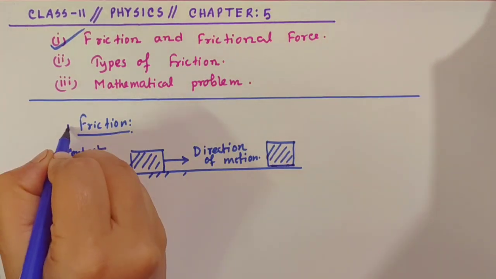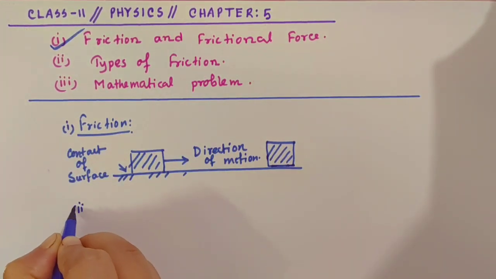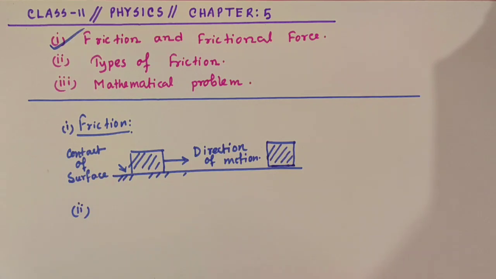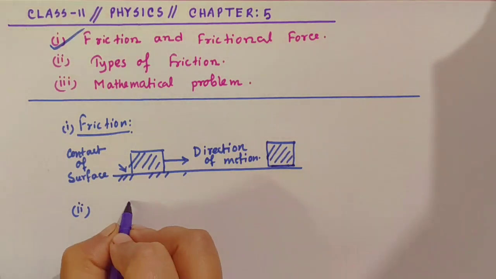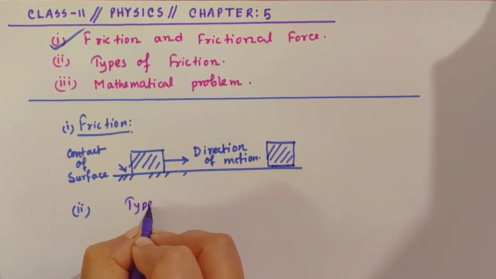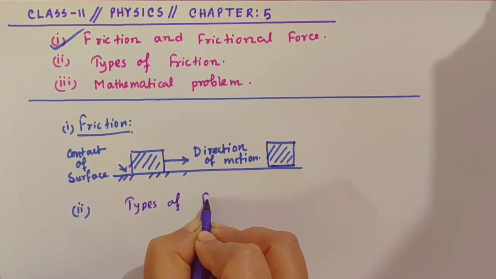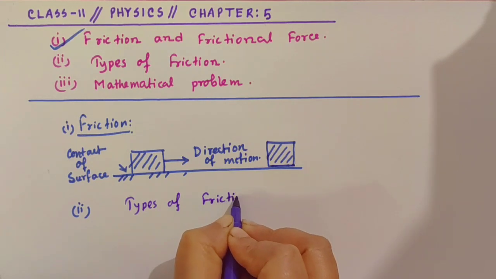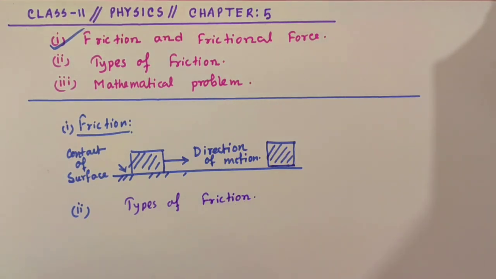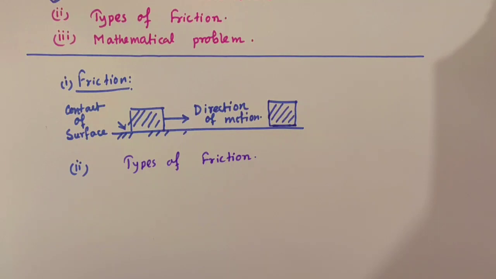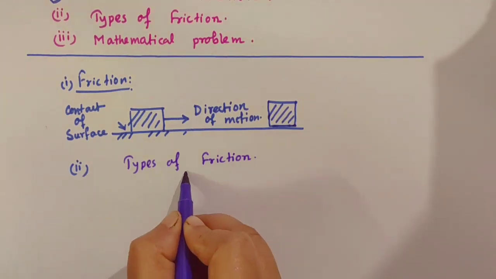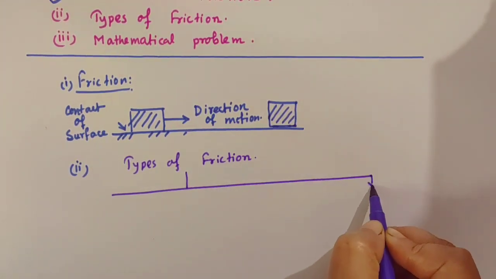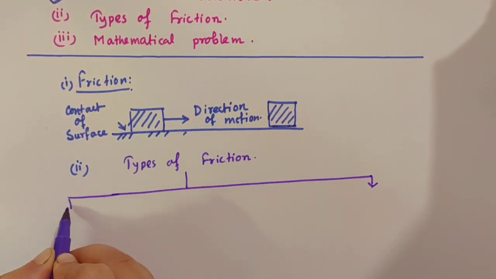Now our second topic is types of friction. So remember, there are three types of friction. Number one is static friction.